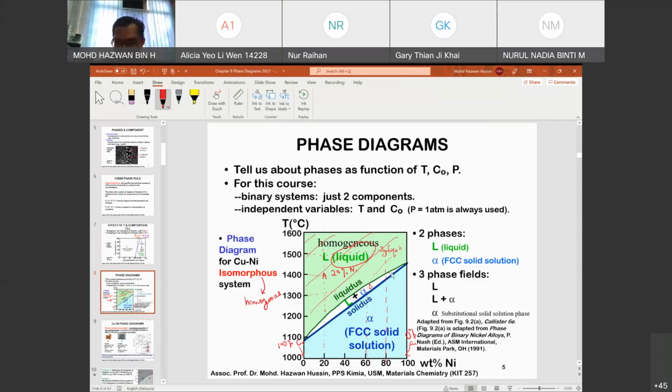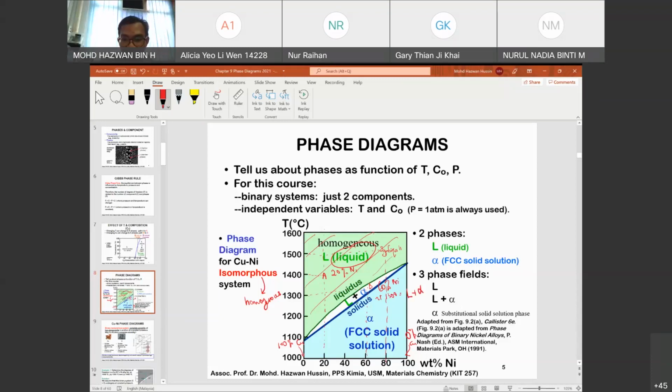It is in the white region. So the white region over there is marked L plus alpha, liquid plus alpha. Okay, alpha is actually solid. So you have a region of liquid plus solid. So point B, at 60% of nickel, at 1300, the phase will be liquid plus alpha, or liquid plus solid.